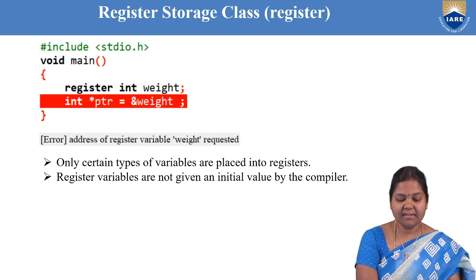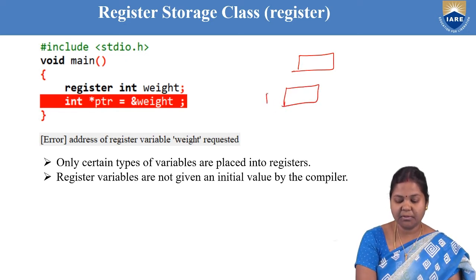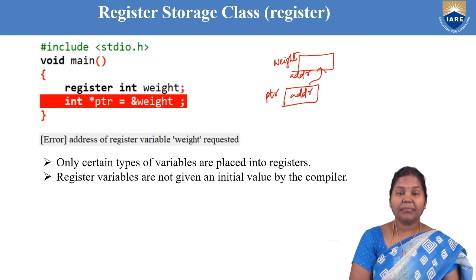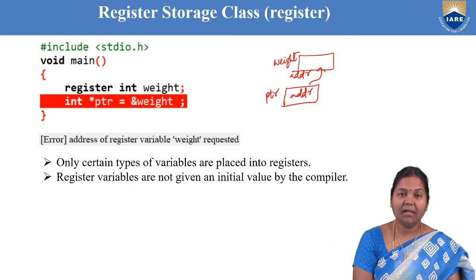Now, you can see one example here. Suppose you have declared register int weight. Weight is a variable, so we have declared that it should be stored in a CPU register. Now, we declare a pointer, and we want to find the address of this weight variable and store it in the pointer. Suppose ptr is a pointer and weight is the variable whose address needs to be stored in this pointer variable. If you do this, the address of a register variable is requested, and till that time you do not know what the address is.